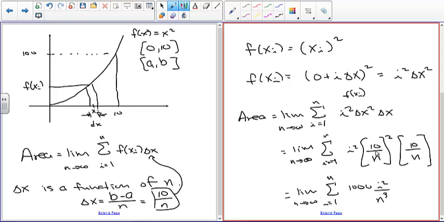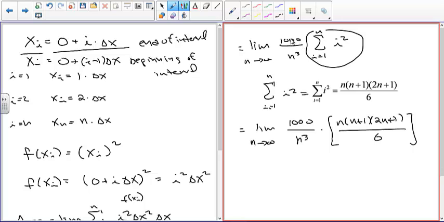So once I multiply everything out, I get i squared, 10 squared, which is 100, times 10, which is 1,000. I divide by n squared times n, which is n cubed. So that's just simplifying this part in terms of i, which varies from 1 to n, and n, which is fixed. That's how many things I break it up into.